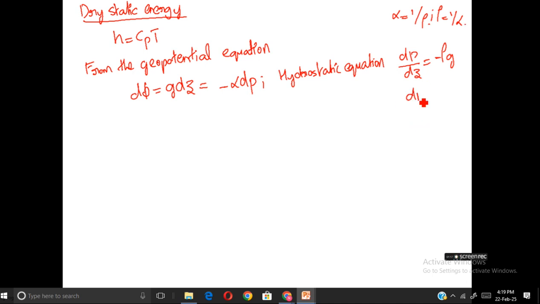We can write dP by dz is equal to minus g by α, or minus α dP is equal to g dz. That's how it came. So dΦ is equal to minus α dP. The first law of thermodynamics in terms of enthalpy is dQ is equal to dH minus α dP.